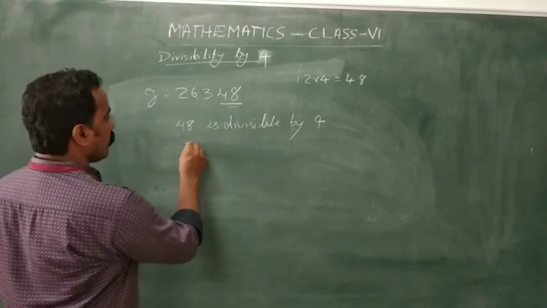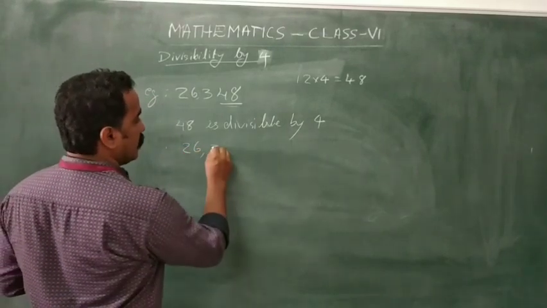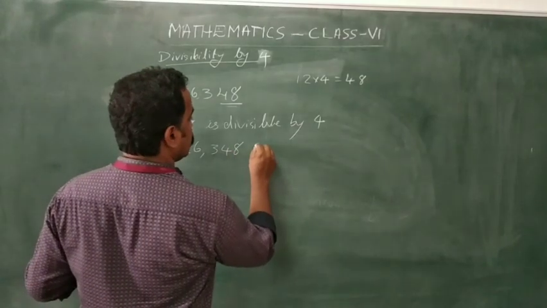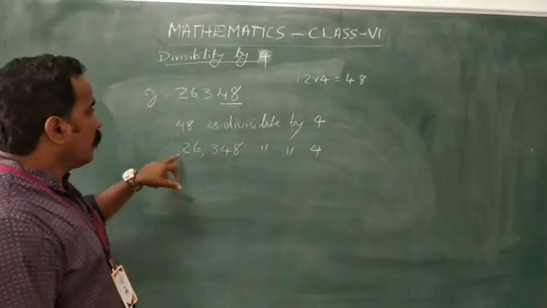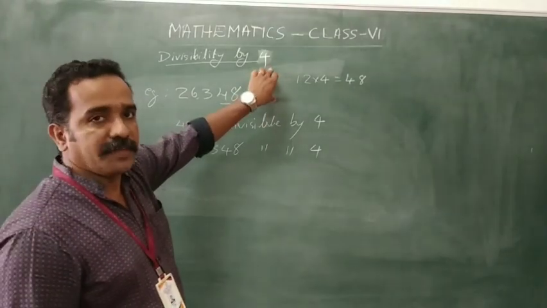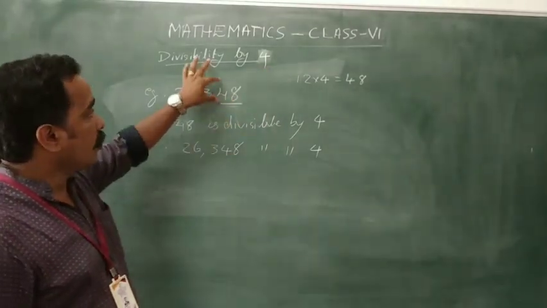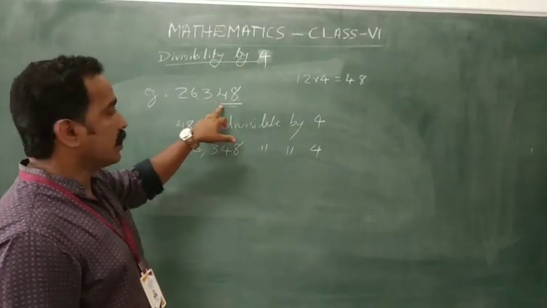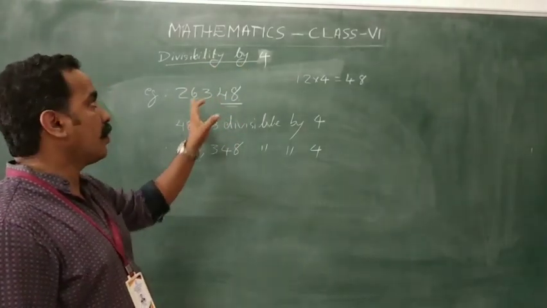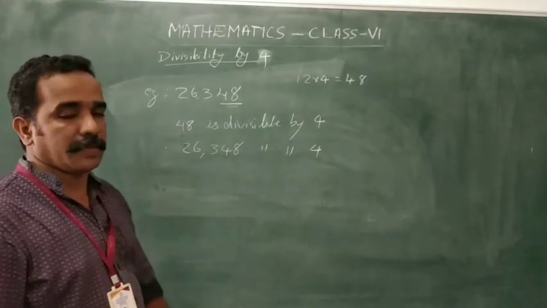Therefore, 26,348 is divisible by 4. So, to check the divisibility by 4, look at the number formed by the last 2 digits. Here it is 48, and 48 is a multiple of 4. So, it is divisible by 4.